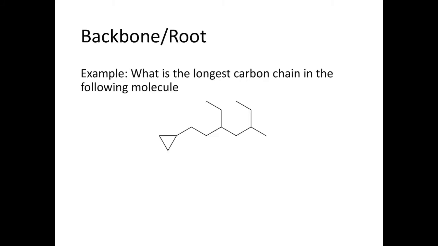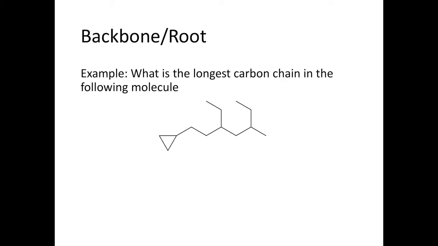So let's try a different example. In this molecule that I'm showing here, and I'm not going to tell you how to name it, what is the longest carbon chain in the molecule? So it's a common error to just sort of look at the horizontal chain and assume that that's the longest chain.